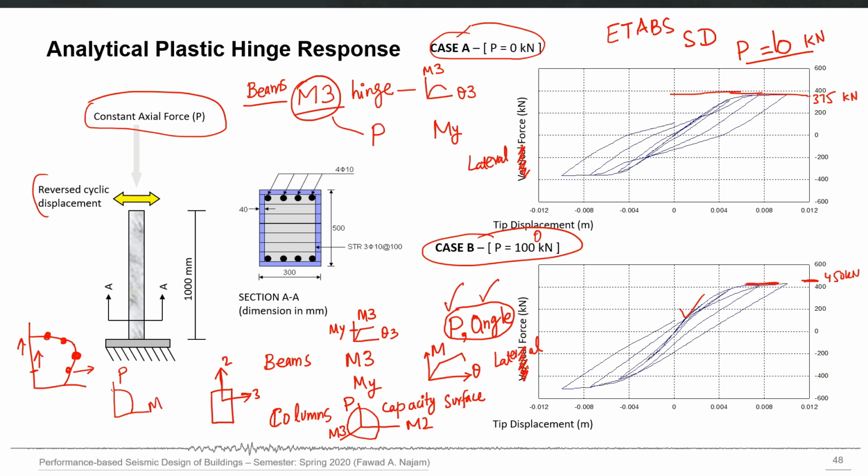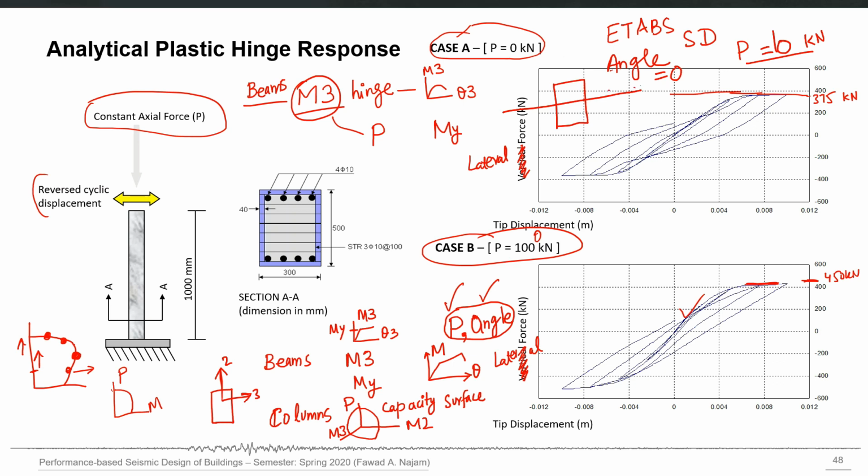of the M theta curve. And also in the ETABS section designer, there is also the option for angle of the neutral axis. By default, it is 0 degree, which means that if this is your cross section, the neutral axis is completely horizontal. So whatever is the moment, it is in one particular direction, either 2 axis or 3 axis.